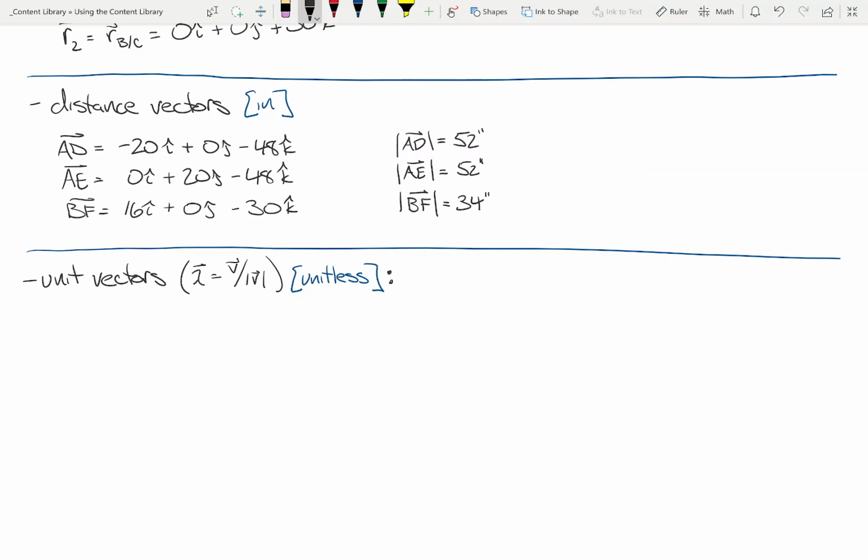Okay, so these are unitless vectors. All right, so let's take one at a time.